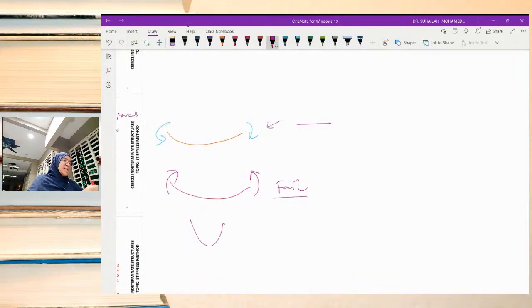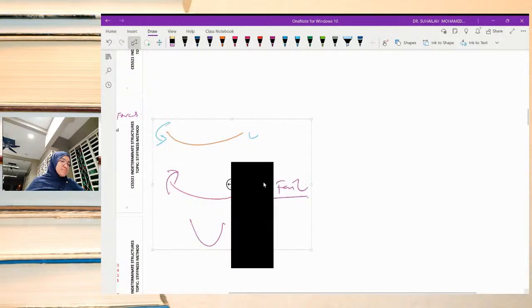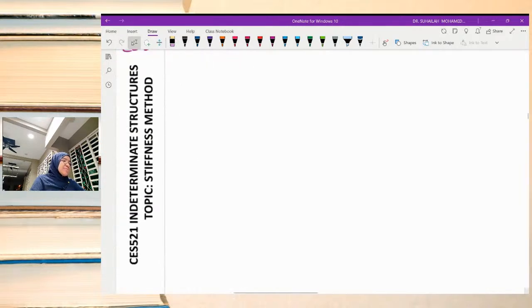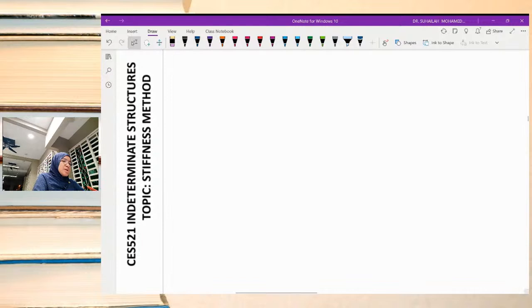So in order to analyze, when we move to fixed end, it is under the fixed end reaction.